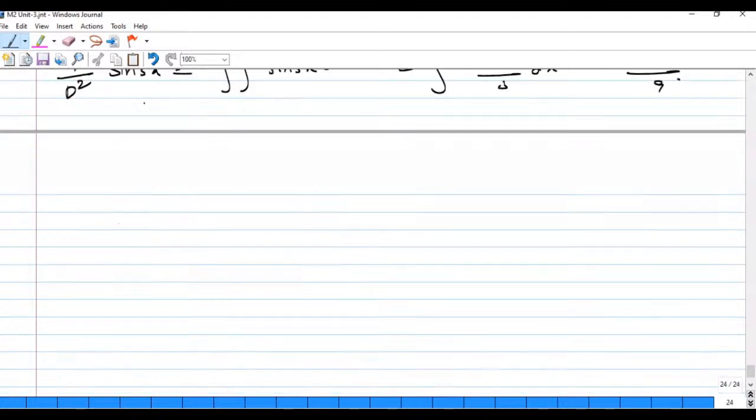So what is the complete solution? y = complementary function + particular integral.